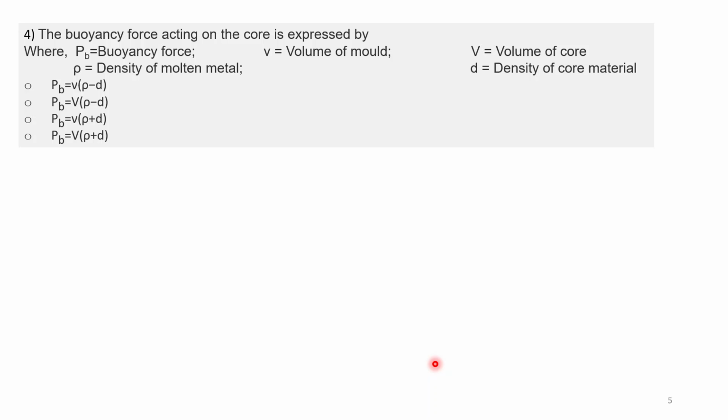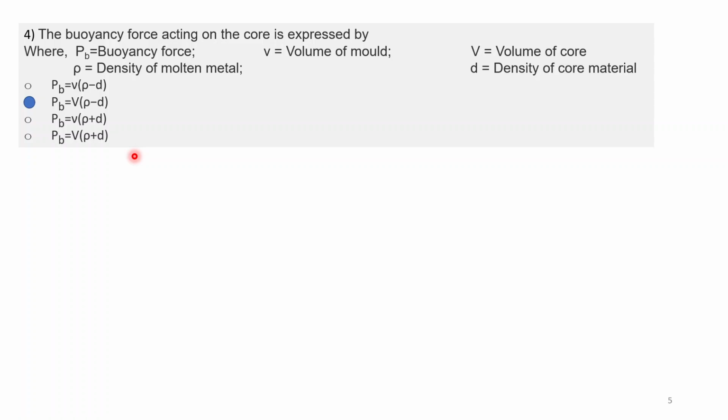Next question is, the buoyancy force acting on the core is expressed by, where Fb is force, Vm is volume of mold, Vc is volume of core, rho is density of molten metal and small d is density of core material. Now you have to tell which expression will be correct for this force.